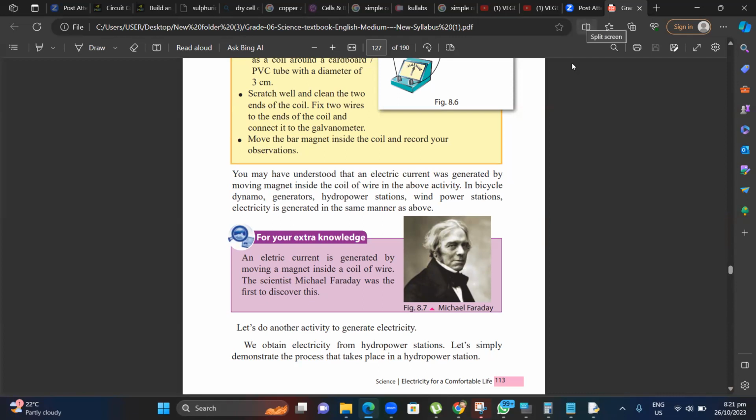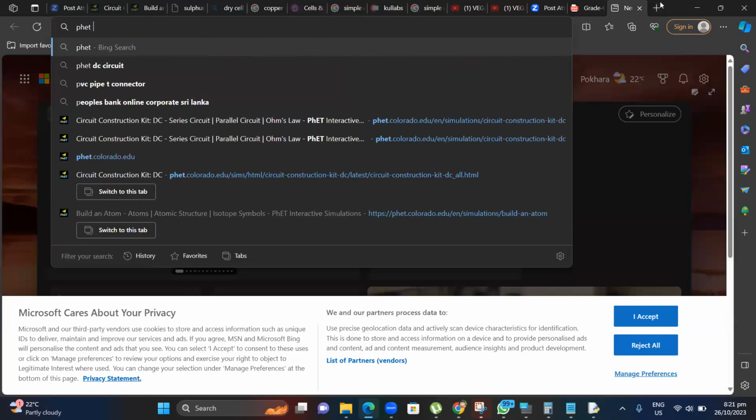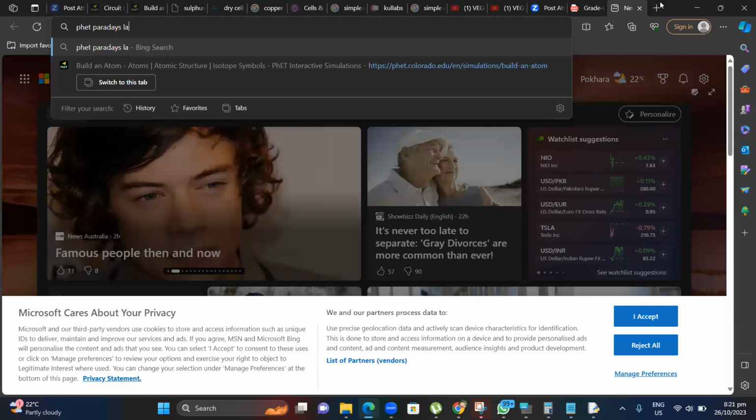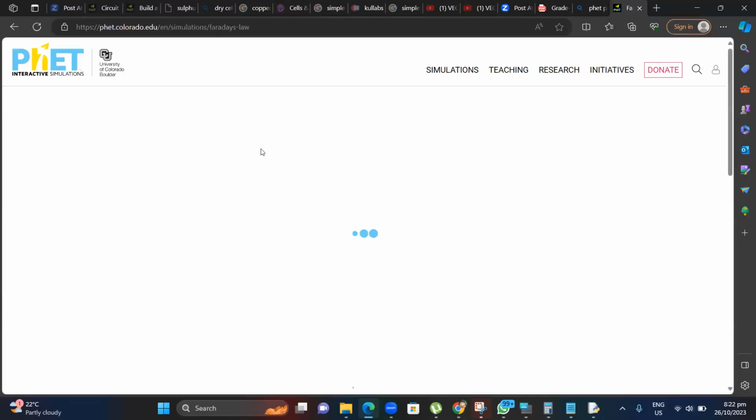So this part is there in PhET also. Faraday's law in PhET. You can see in PhET simulations how Faraday's law is working.